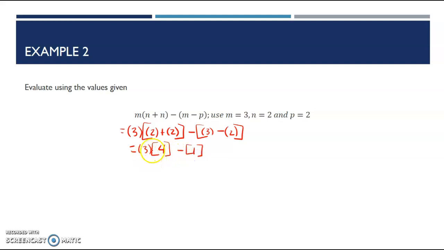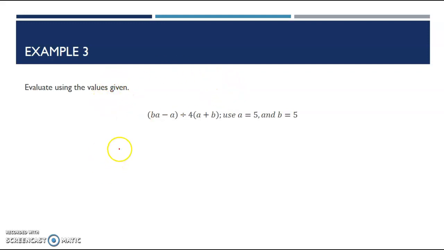And then order of operations says that we do multiplication before we do subtraction. So 3 times 4 is 12 minus 1, and 12 minus 1 is 11. So substitution is the first step. After that, we just go into order of operations, which was our last video.